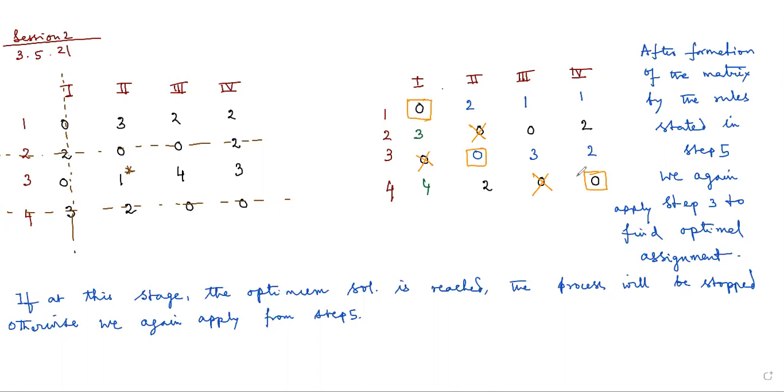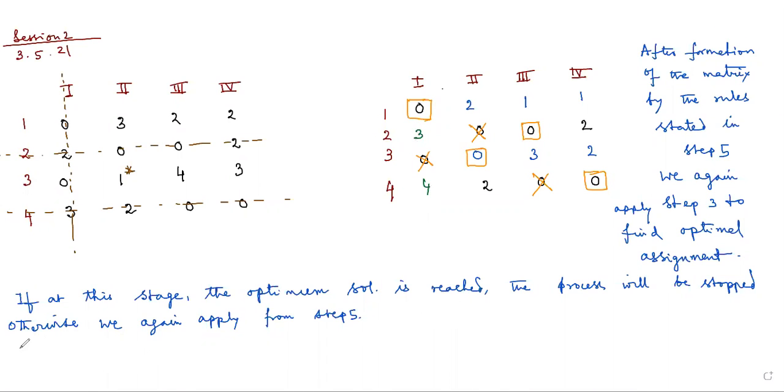And now at this stage, whether you consider the second row or the third column, from both perspectives you can say that this contains a single zero. So I can now very well assign it. So we are fortunate enough. After this, in each row and in each column, we have got one and only one assignment.